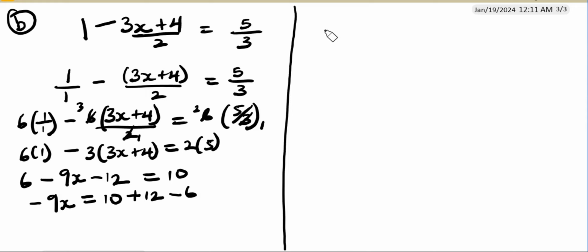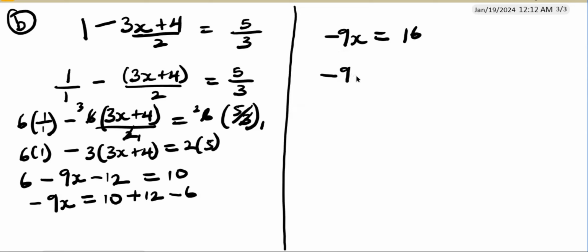Okay, so let's move to this part. We have minus 9x equal to, when 10 plus 12 add, we have 22, then you subtract 6 from it, you have 16. So for us to get our x, we need to remove this coefficient. And how can we remove that coefficient from there? Is by dividing both sides by minus 9.